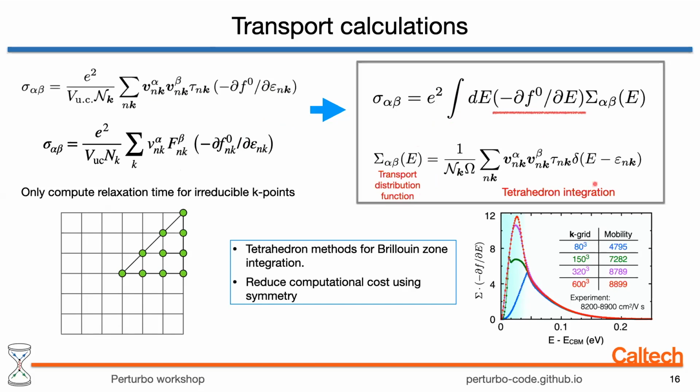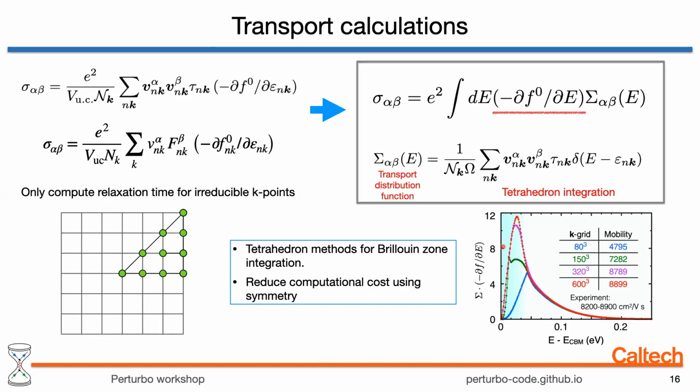What this means is that you can do the sum over K using a tetrahedron integration, which makes this much more accurate without having to compute tau for more K points. Then once you have this expression, you can plug it back into the energy integral, and you can very finely sample this energy, which will allow you to model this delta-like behavior.